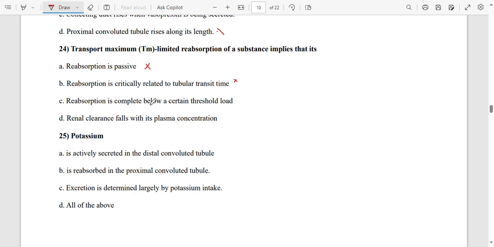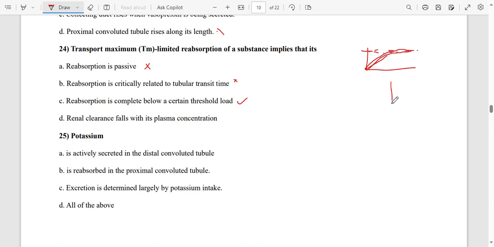Reabsorption is complete below a certain threshold load. This is true. Reabsorption is going to finish below a threshold. Below this point, reabsorption has already finished. Even when you increase the concentration, you can no longer reabsorb that compound because reabsorption has finished.